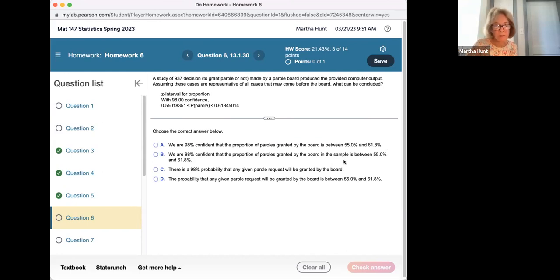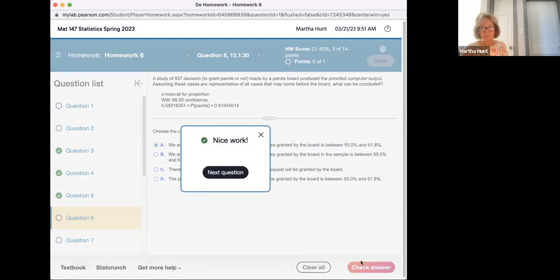Are we trying to make a statement about the sample? No, we know what the sample says. The objective of a confidence interval is to make a broad statement about the population. So which one should we pick? This one. They try to throw you by putting in the word sample there. You have to have good eyes.